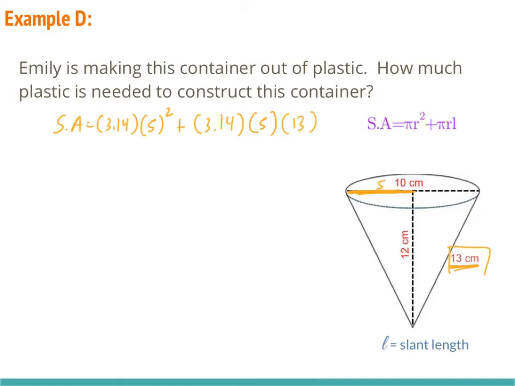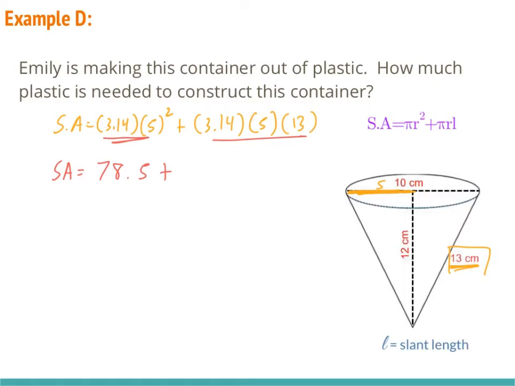So again, we have to be following the order of operations. So we're going to have to be doing everything on the left, then everything on the right, and then we can add them together. So on the left-hand side, I have to do the 5 squared first because exponents come before multiplication. So 25 times 3.14, and that's going to give me 78.5. So surface area equals 78.5 plus, now I've got to do everything on the right-hand side, but lucky for me, that is just straight multiplication.